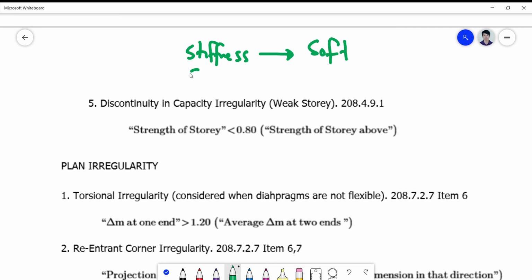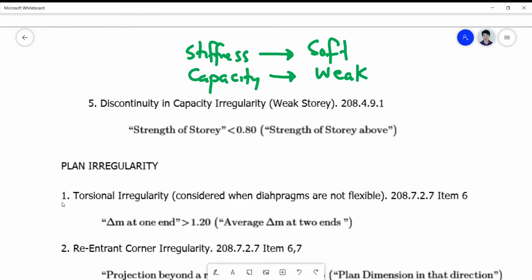When you're talking of capacity, you are talking about the strength of your setup or your building configuration. It can be strong or weak. So if the story is soft and the story is weak, then you have an irregularity in stiffness and in capacity. So they are different. This is category number 1 in our vertical irregularity, and this is number 5.